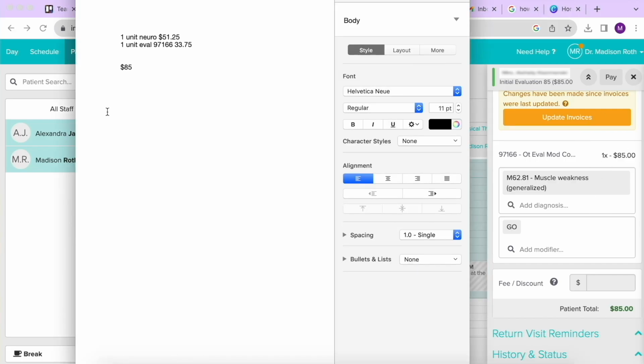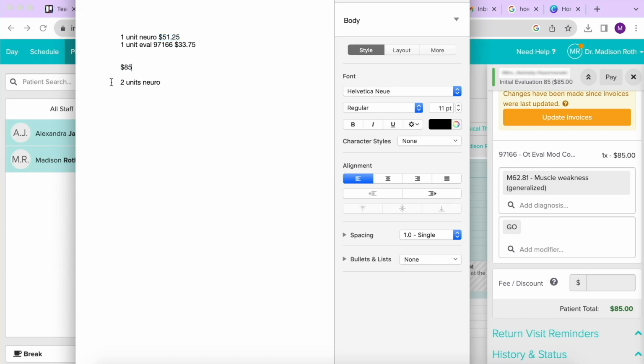So we would bill her eval at only $33 because she did 1 unit of neuro at 51.25. So those would be the ones she billed. If you did bill 2 units, like say you did 2 units of neuro, that's actually not going to work at 51.25 times 2, because it's over 85.